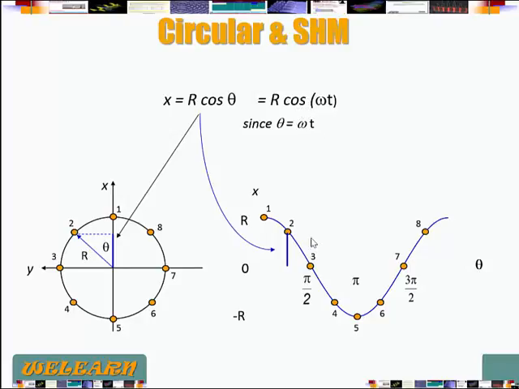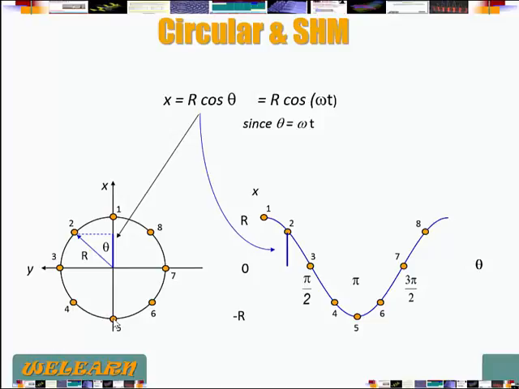Graphically, for position 2, the x position is given by this blue line here, which gives us the position in the graph here. Now, at position 3, when the angle is pi over 2 or 90 degrees, the x component is 0. That's what we see here. Then I'm skipping position 4.